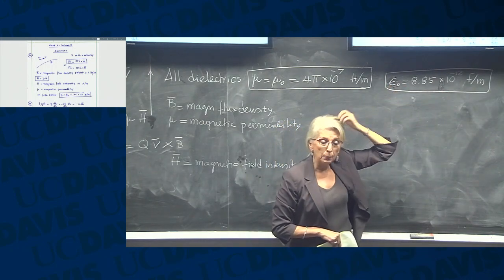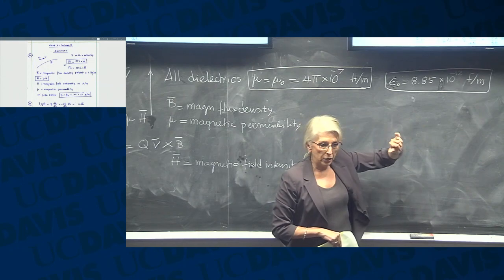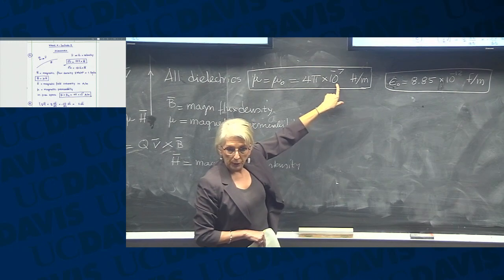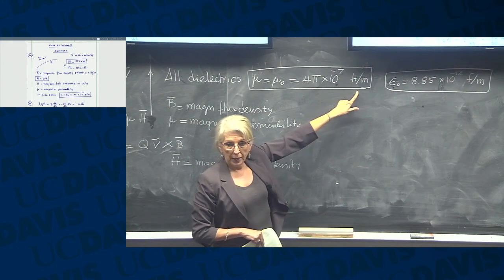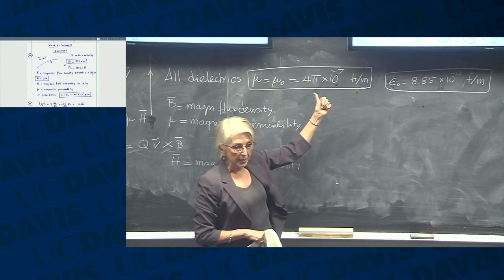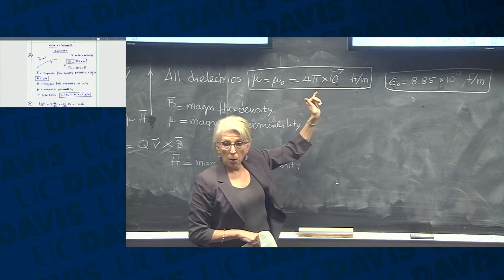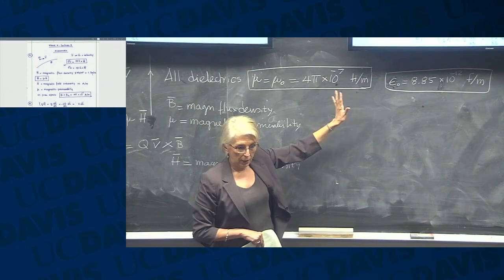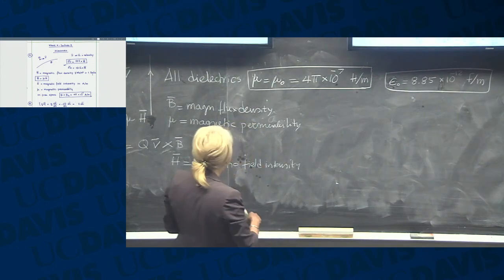Later on, it's going to help you to remember that, because later on, we're going to see that coming back. How about this mu? Inductance per unit length. Sometimes known as intrinsic inductance per unit length. All right, so I want you to just look at that.